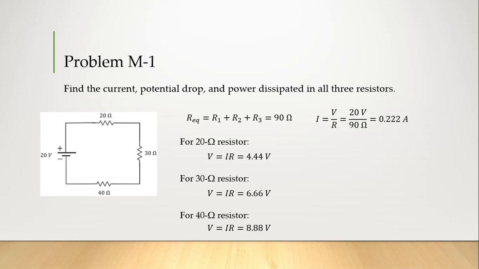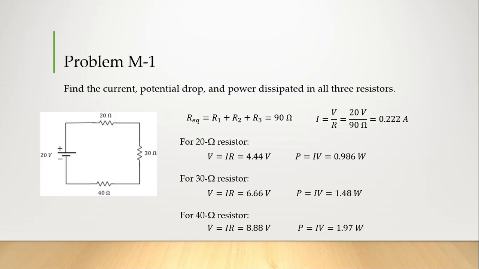It happens to work out that's the current in all three of my resistors. So I can figure out the voltage in each of the resistors. If I do V equals IR for each one, I figure out the potential drop in all three resistors: 4.44, 6.66, 8.88. Once I know voltage drop and current, I can figure out the power dissipated in all three resistors independently.